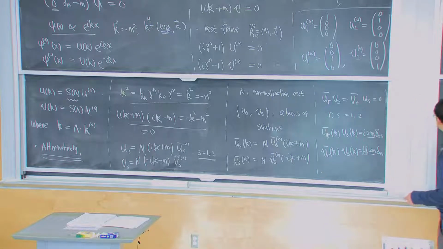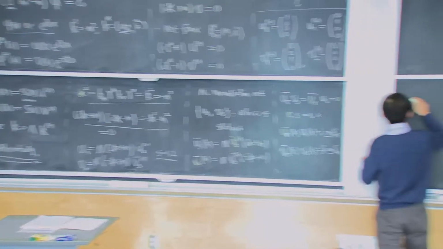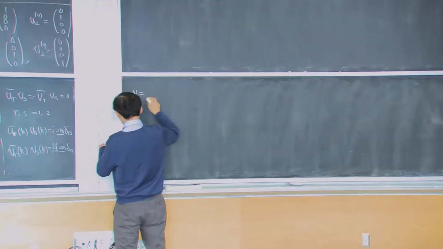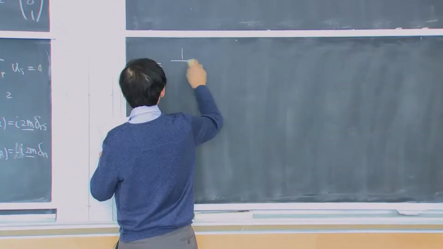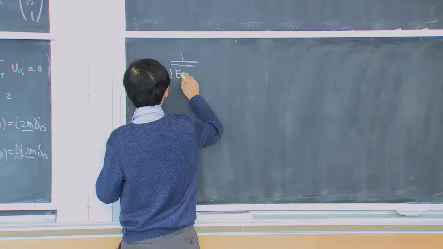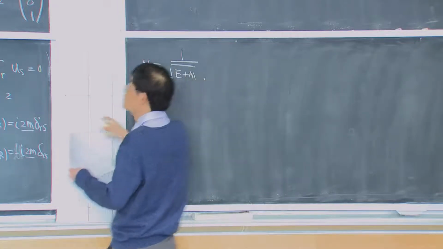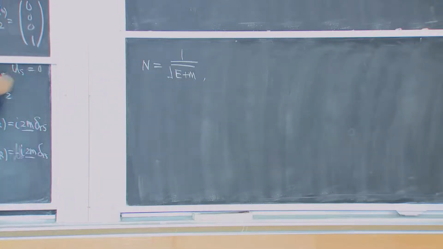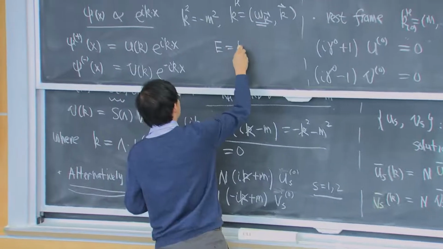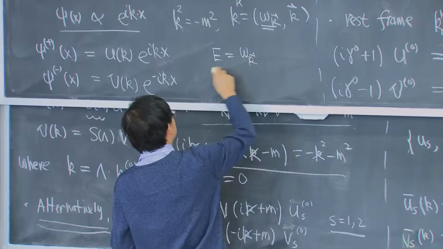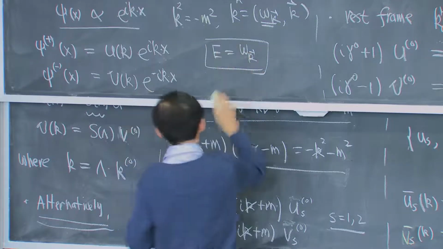And from here, you deduce that n is equal to 1 over square root of E plus m. From now on, I will also use this notation for E: the energy E is omega_k.